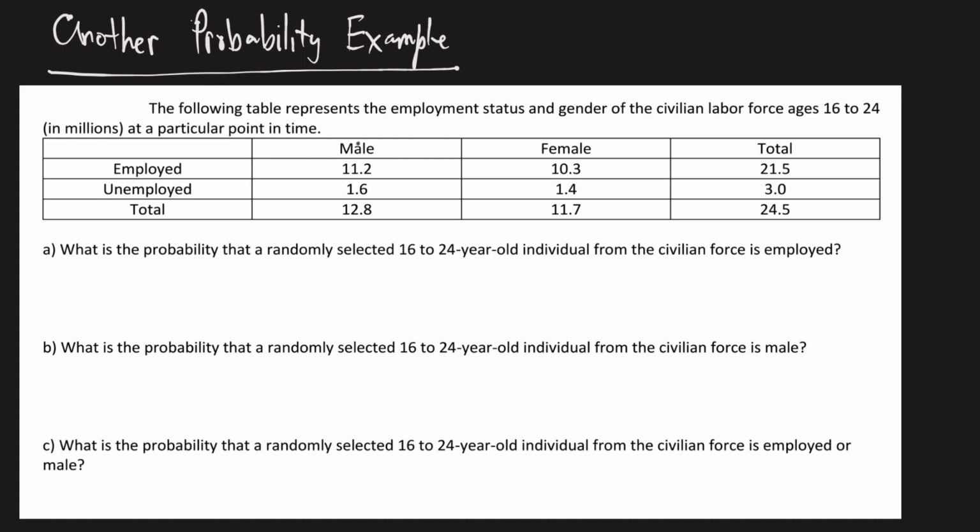So what are we going to do with this, right? This is our sample space, and the experiment here is, we're going to randomly choose one person out of this huge population, or sample space, and then we want to figure out what is the probability that that individual will be in one of these categories, or maybe a combination of them, right?